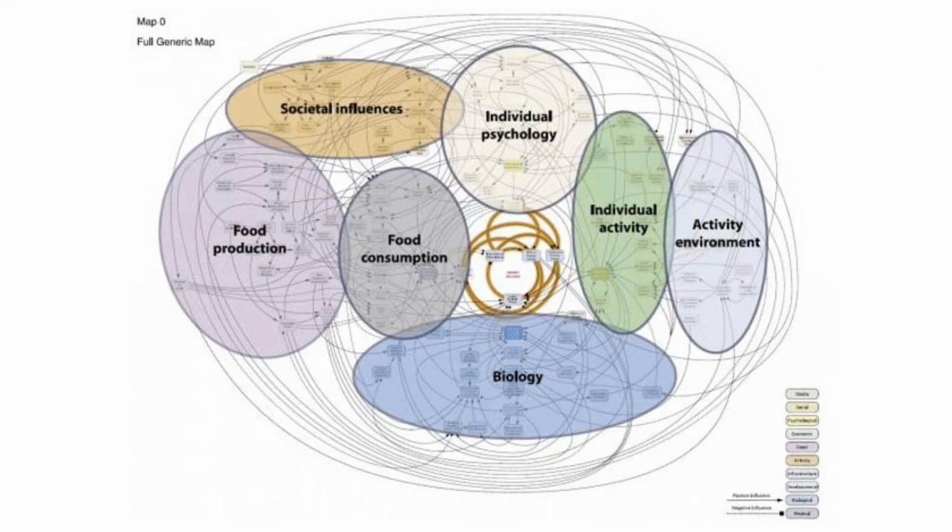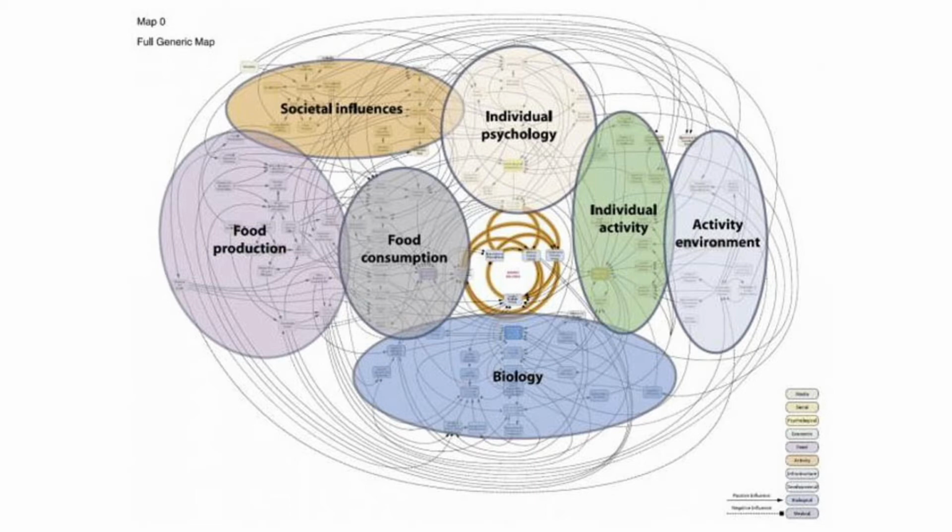So if we look a little bit closer at the same map, we have societal influences. For instance, media. Nowadays, we have the big power of social media saying what you should eat and what you should not. Food production, and also the accessibility that you have, taxes that you pay for healthy food. Individual psychology, the activity itself, the environment, and then there are some points of biology.